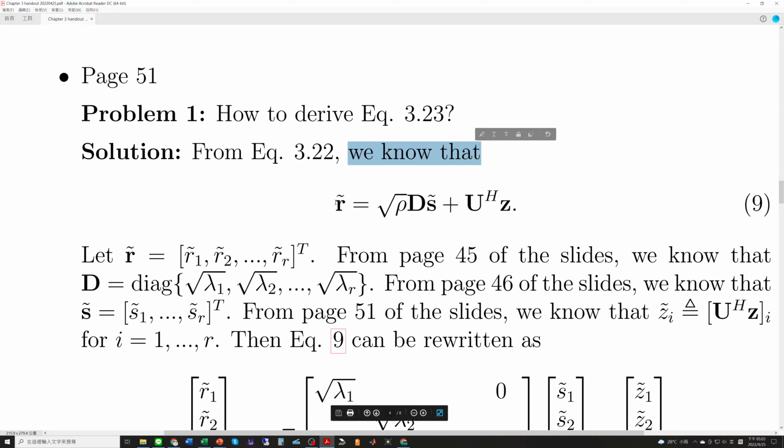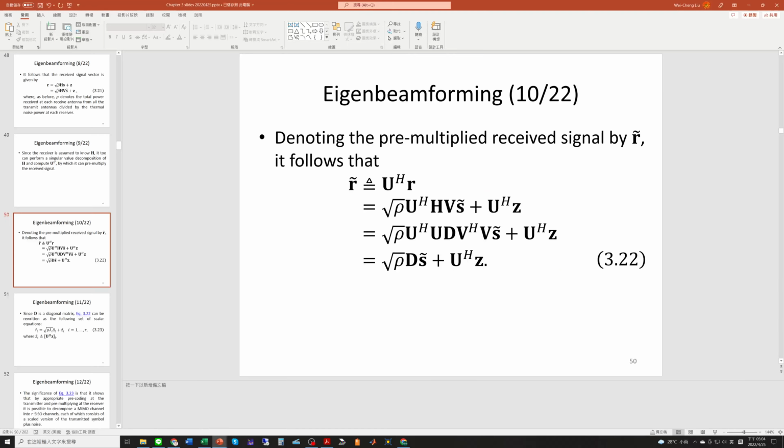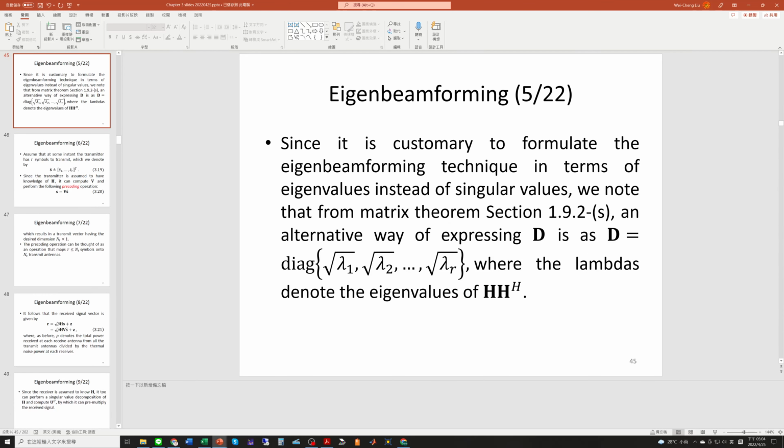We know that R tilde is equal to the square root of rho times D times S tilde plus U Hermitian times Z. Let R tilde be equal to R tilde 1, R tilde 2 to R tilde R, transpose. From page 45 of the slides, we can see that D is equal to this equation.